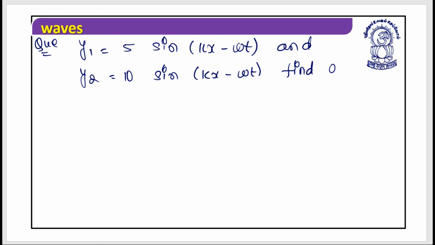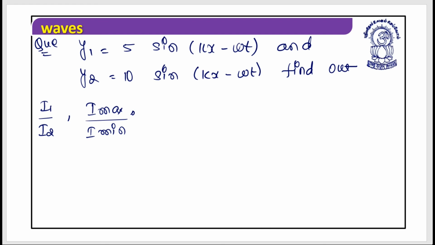They said to find out I1 is to I2, and I max is to I min. So I need to find out these two things. How will I do this?